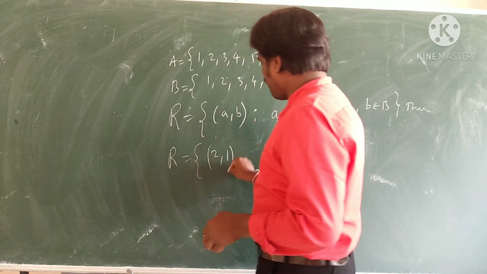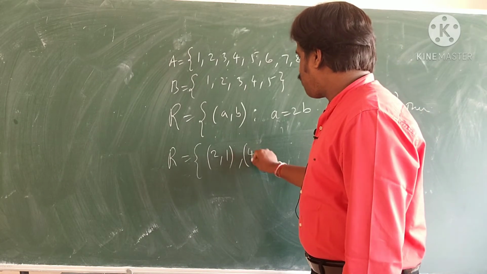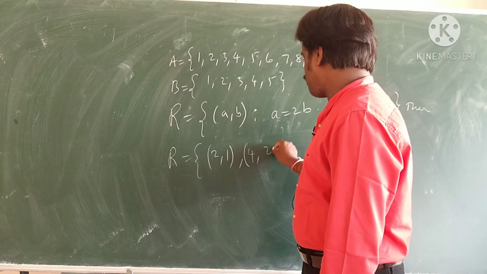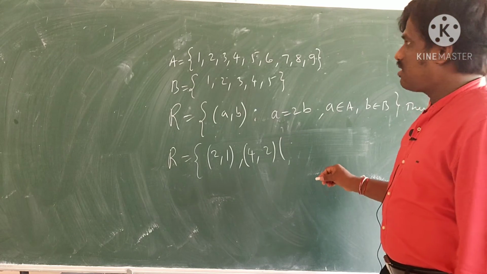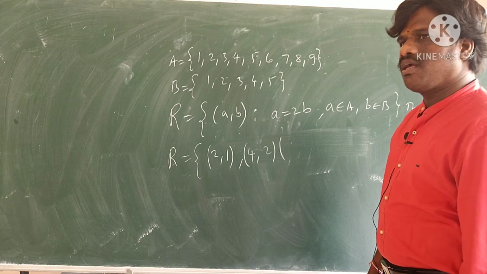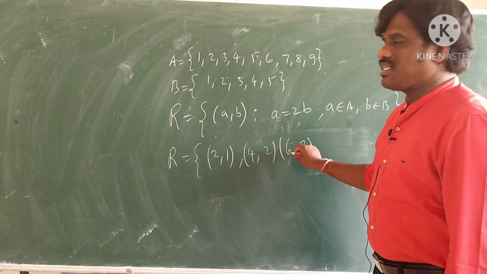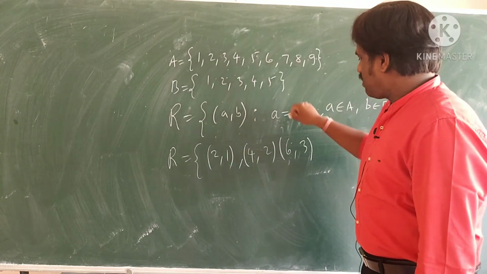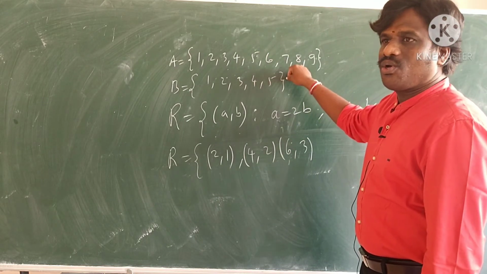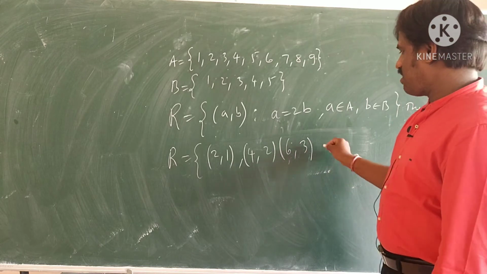Next, you cannot write (6, 3) the other way. 6 is from A and 3 is from B, so it can be (6, 3).